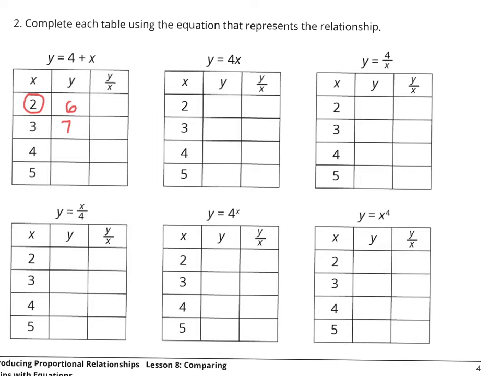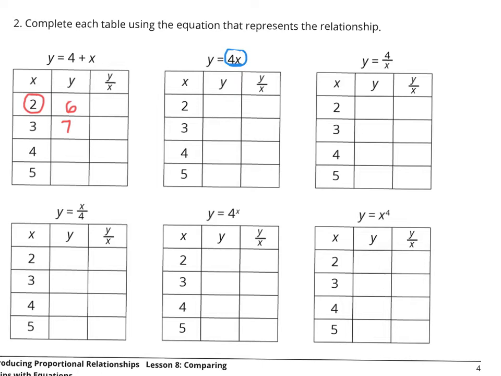All right, in our next table, our new equation is y is equal to 4x. And as we've said in class, there's no operation written between that 4 and the x. And when there's no operation there, it means to multiply. Everybody in the math world knows that means to multiply. So our y value here is equal to 4 times the x value.